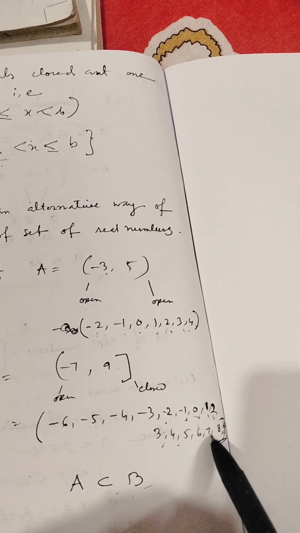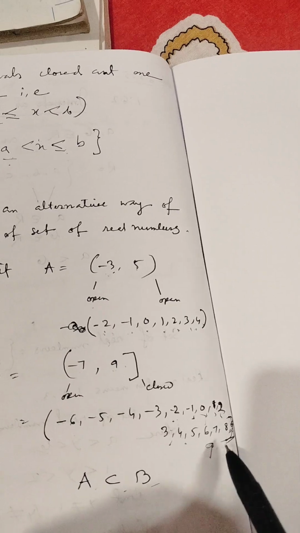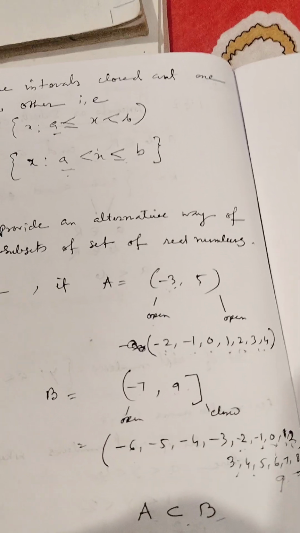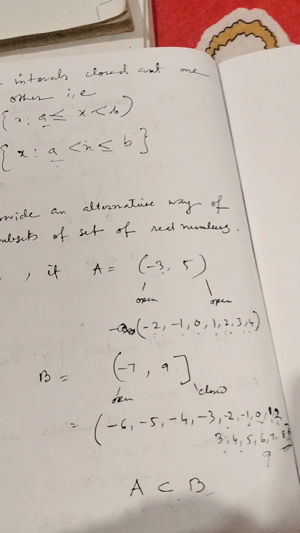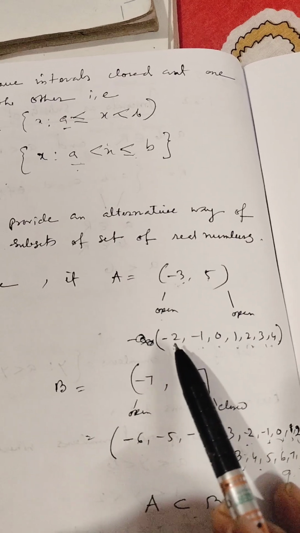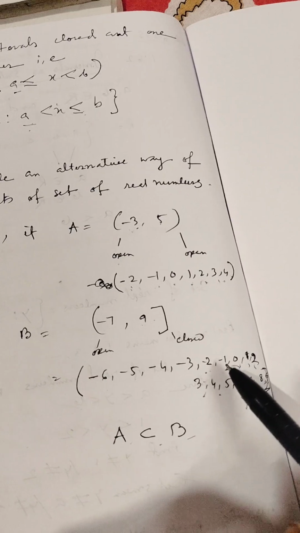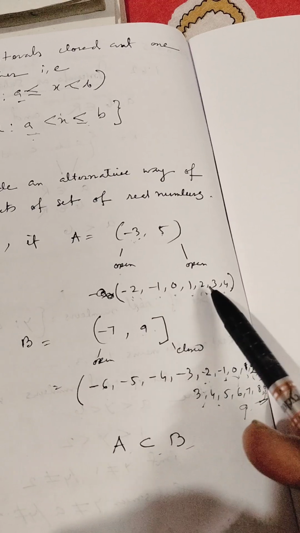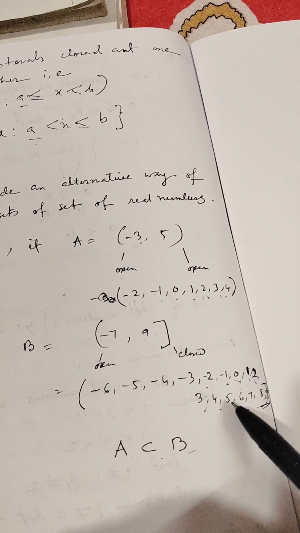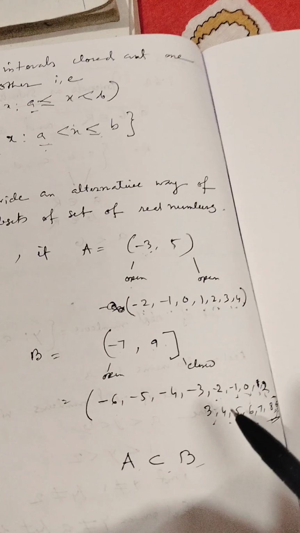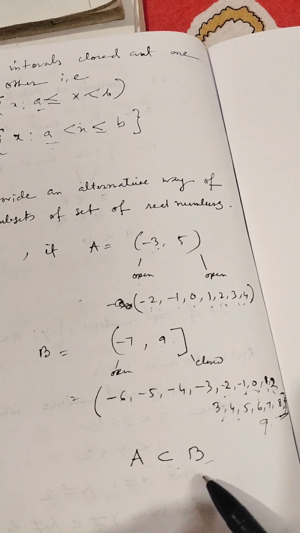So the common elements of set A and set B are -2, -1, 0, 1, 2, 3, 4. So as per the rules of subsets, A is a subset of B. Understand?